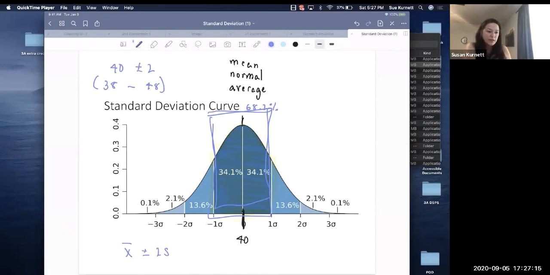Sure. If you had an average plus or minus 2 standard deviations, we're now talking about this range. And that would be 34.1 plus 13.6 doubled. That's 95.4% of everything.